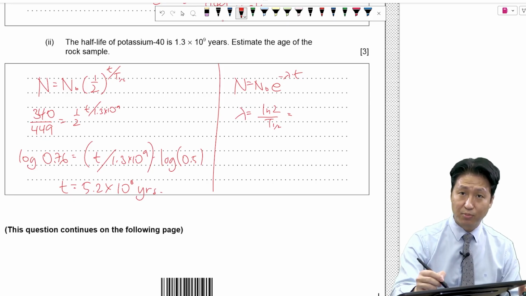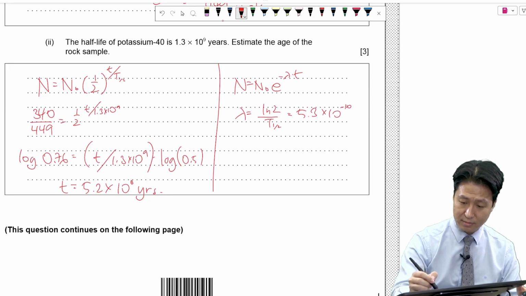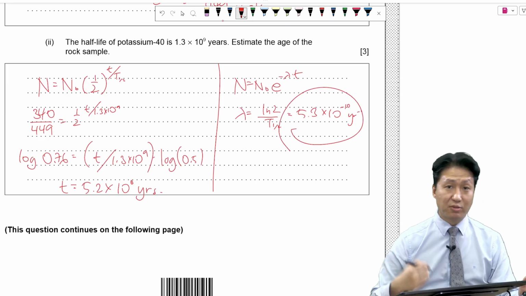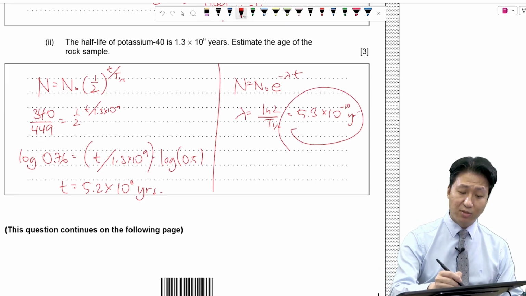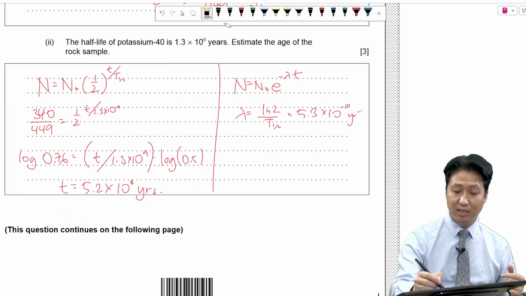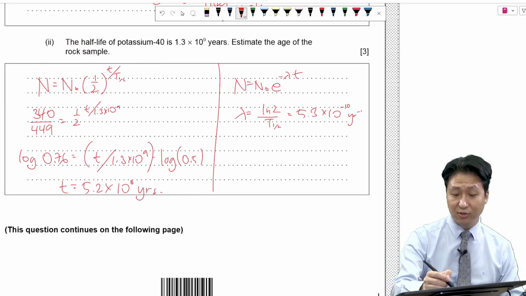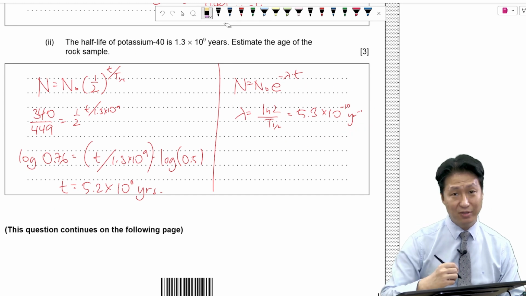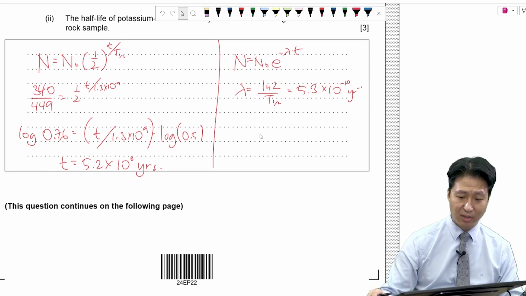This would be 5.3 times 10 to the negative 10 per year, so year to the negative 1. This is just an additional step, so I would probably recommend you use the simpler form of this equation so you don't have to find the decay constant. But if you actually do find the decay constant, make sure to write it down, because you probably will use it in the next part of the problem.